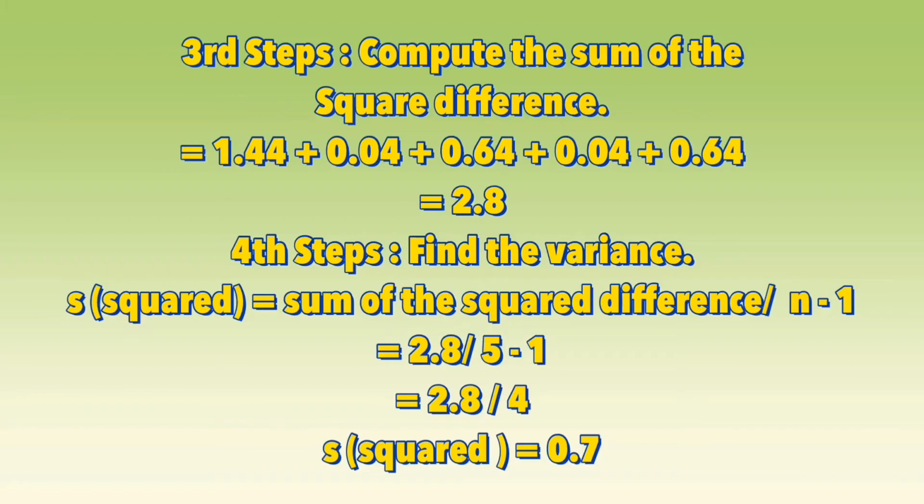So the sum of the squared differences is 2.8 over 5 minus 1. Then we have 2.8 divided by 4, so the variance is equal to 0.7. Therefore, this means that the approximate average of the squared deviations is 0.7.